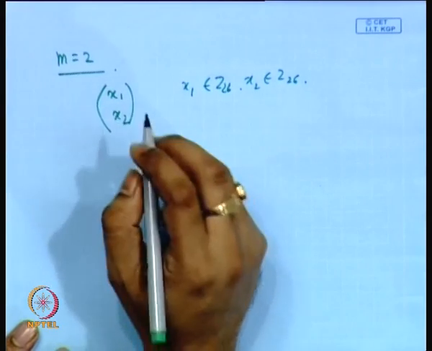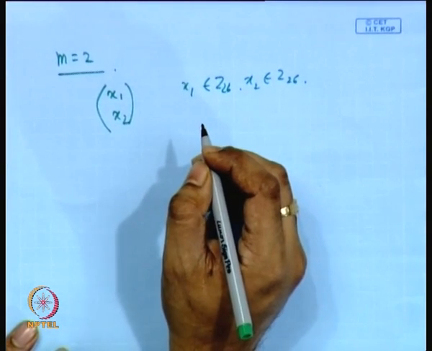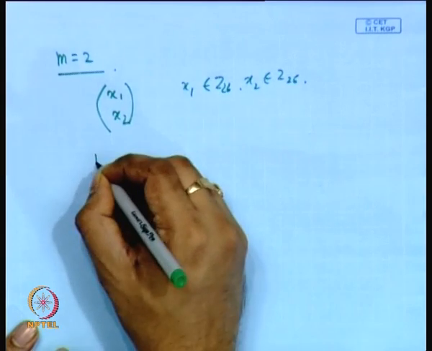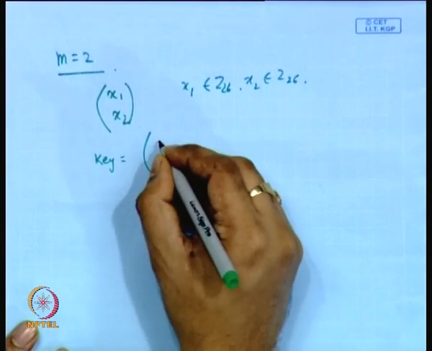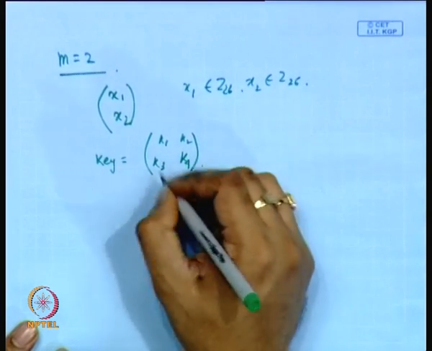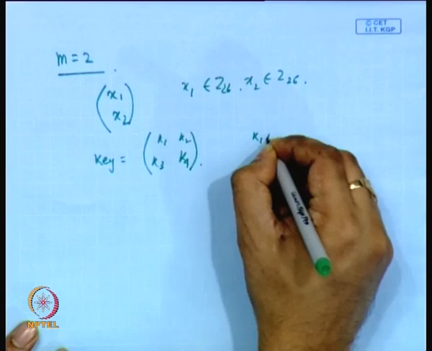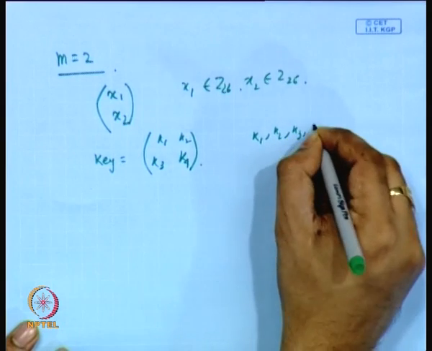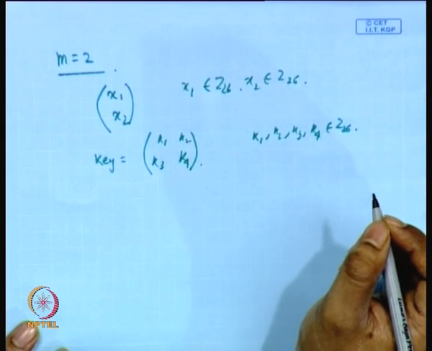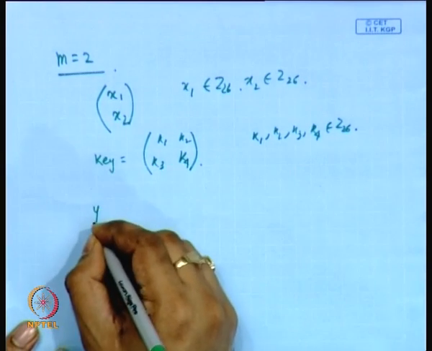Assume that you have a keying material, the key, which could be k1, k2, k3 and k4, arranged in a matrix format, where all of k1, k2, k3 and k4 are chosen from Z26.